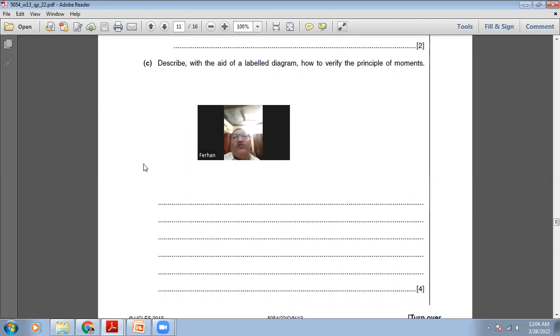You see, if you want to verify the principle of moments, the method is very simple. You take a rod, and you put a pivot under that rod in its center. Then you take two weights whose weights you know.